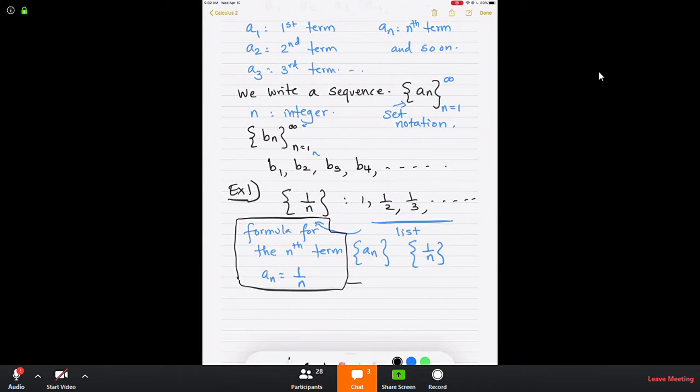So all I'm saying is I can generate, sorry, so I'm going to draw my boxes again. So this is the formula for the nth term. And what does that mean? I can generate the entire sequence.